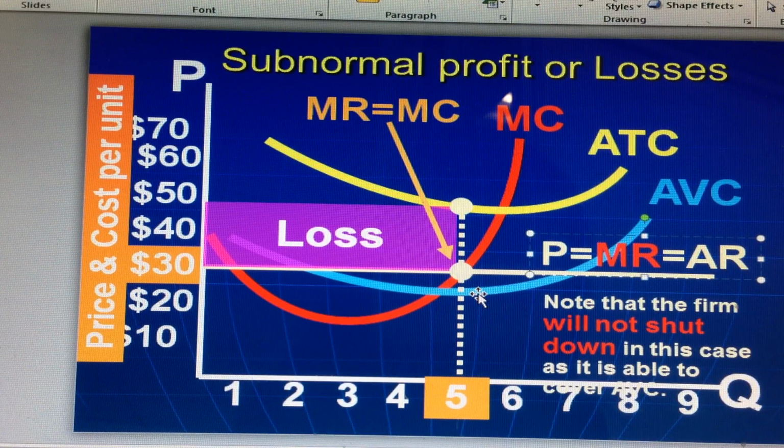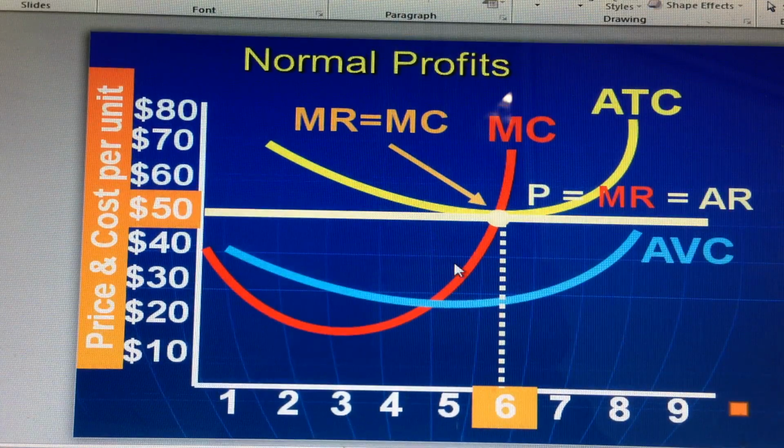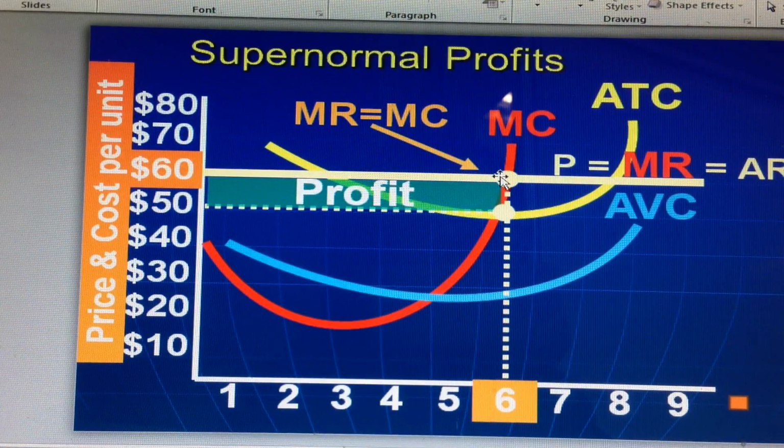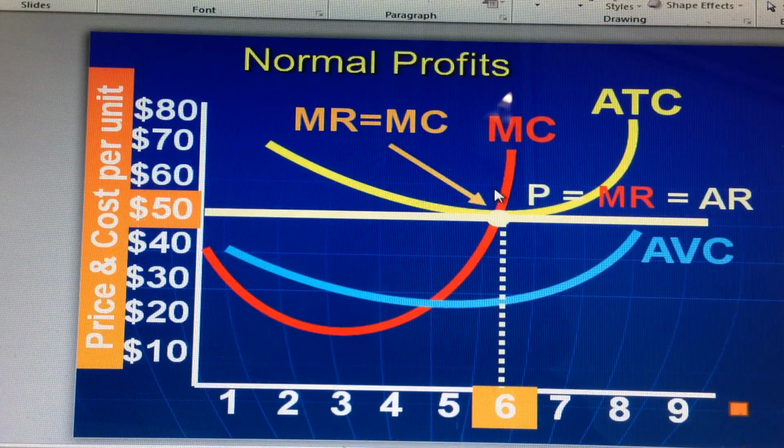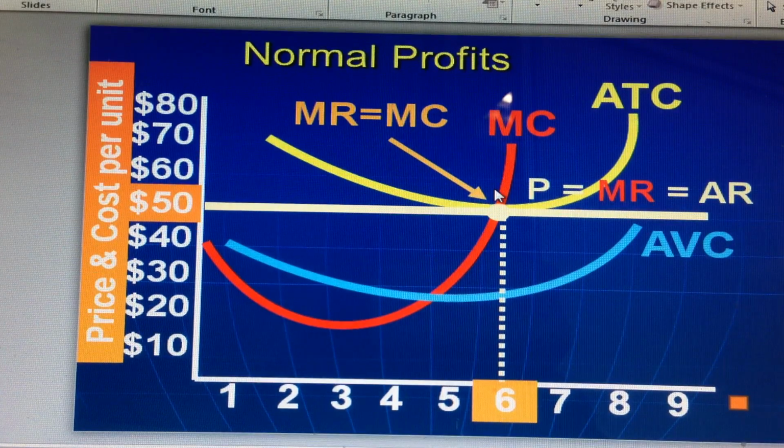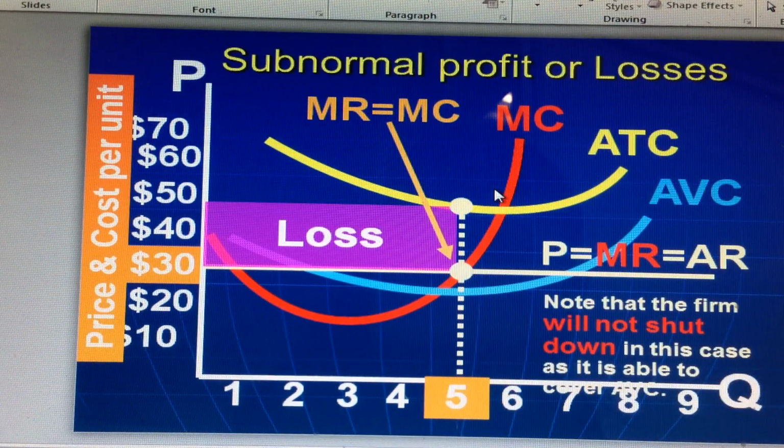I repeat, to determine how much profit or loss, see ATC and price. So we always see ATC. Look here, this is the ATC and the price. In this case, cost is higher than price, it is a loss. Just now, this part, when the cost is lower than the price, is a profit. As for here, of course, it's the same. No loss, no profit.